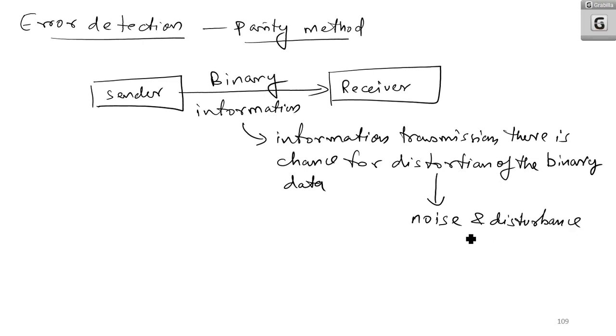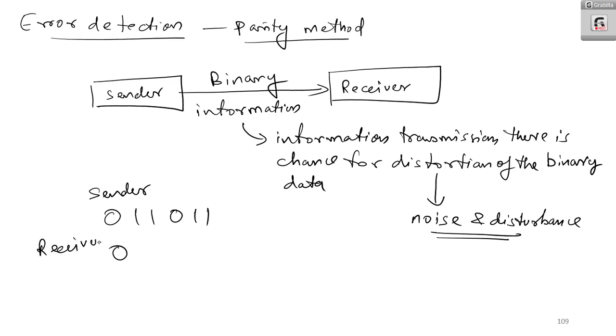Now due to this noise and disturbance, for example, you are transmitting the binary information in 0110 form, and something happens in such a way that this may be changed, and due to this noise and disturbance in the receiver part, we have received 001100. So this is the data sent by the sender and this is the data received by the receiver.